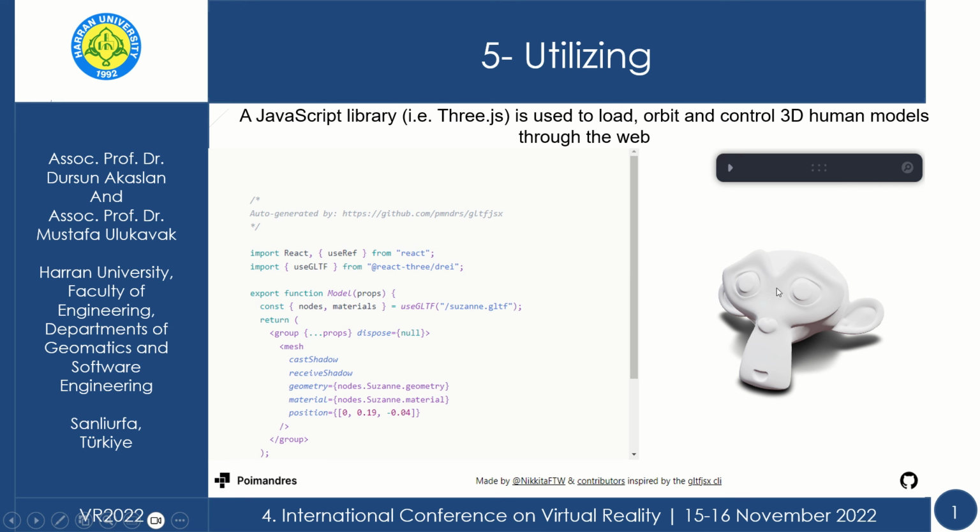In this, there's a monkey as a sample. For example, we take all the nodes and materials of the human body, and then we control the nodes, and also we can change the materials to give different colors. For example, we can use the geometry of some people, but we can replace the material of that geometry with different people.